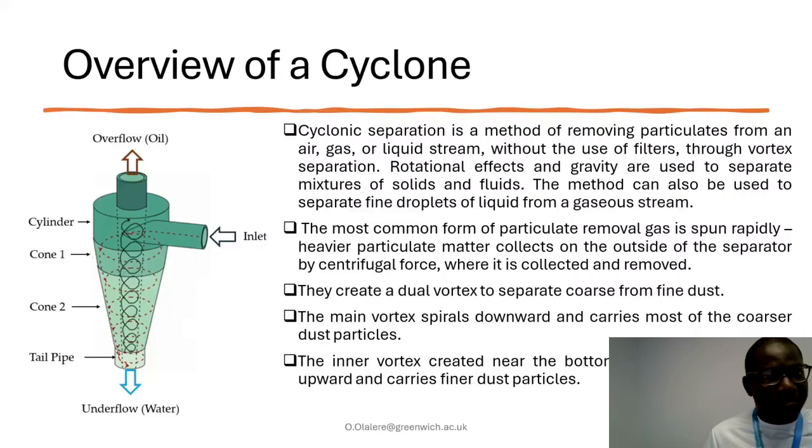It's not the same, but at least we can use that as an example. This one will be moving like this, and in that process, there will be separation. And because the diameter is not the same, the diameter reduces down.